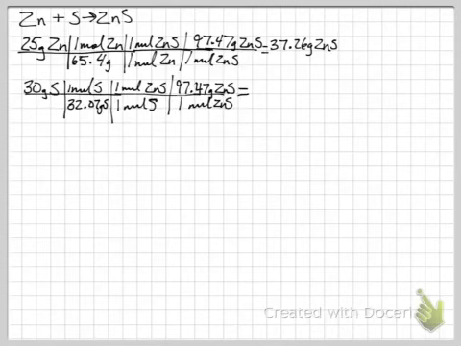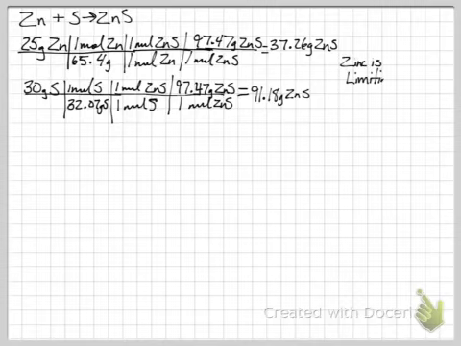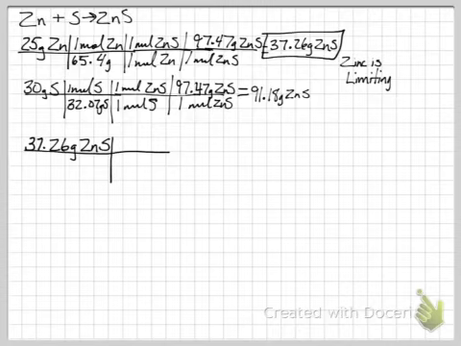We'll compare our product, which we said is our limiting product, to our excess reactant, which we found is sulfur. So let's take a look and set it up. We said that we're going to produce 37.26 grams of zinc sulfide, and we need to convert that into grams of sulfur.